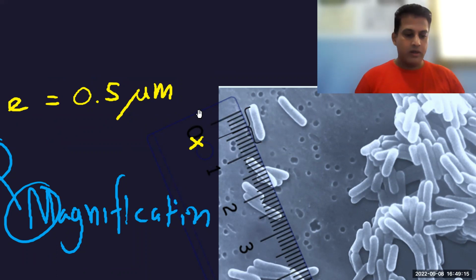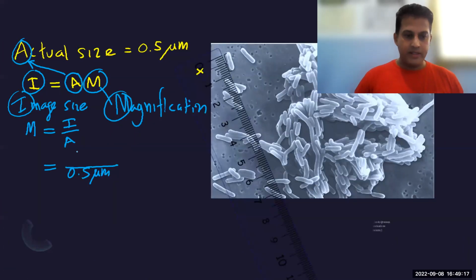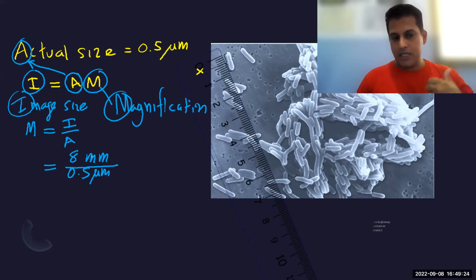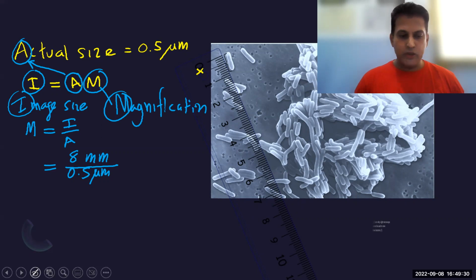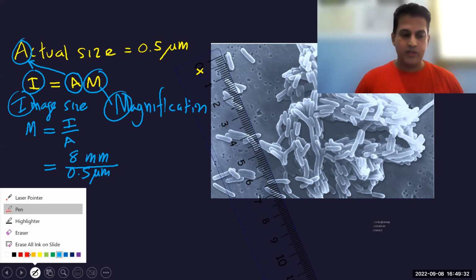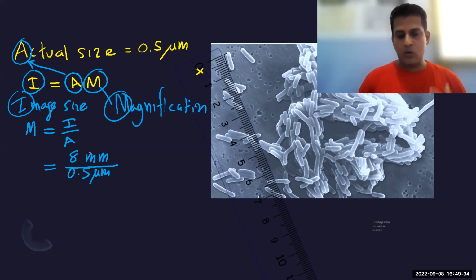Right, now we write here 8 millimeter. Now, the problem is image is in millimeter, actual size is in micrometer. We need to bring the units into one type of unit. So what is the conversion? I'm always telling you to remember the unit conversion because this is not given in the exam.